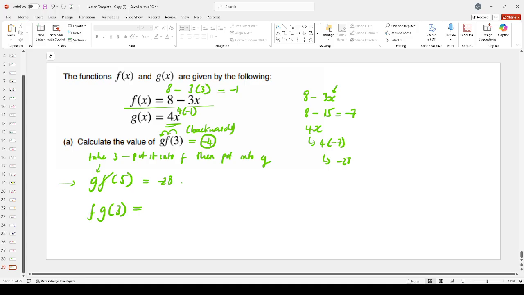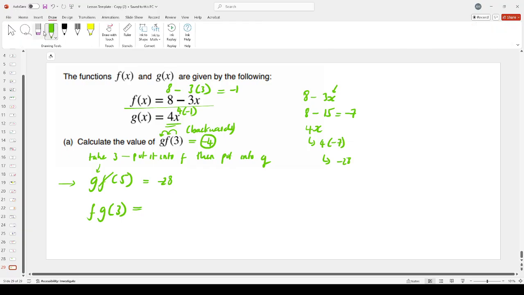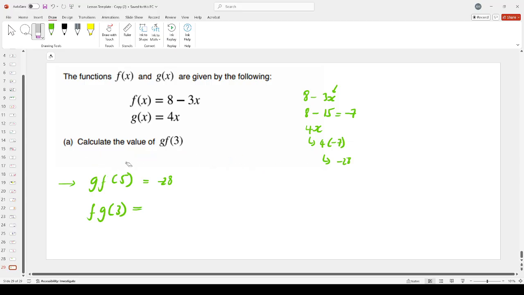Someone said how. Let's clear this one second. Does everyone know what substitution is?